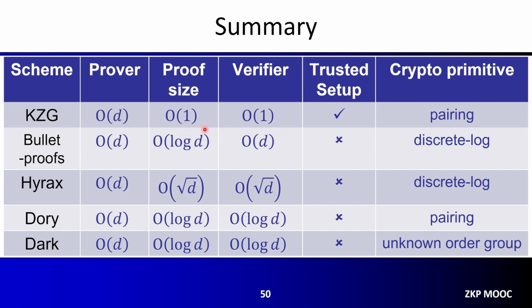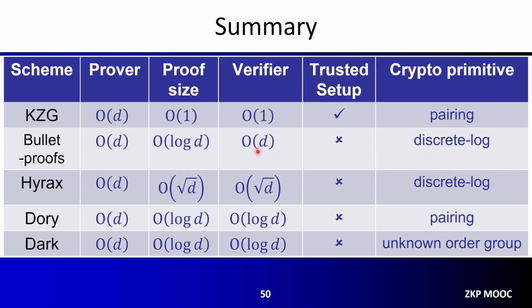Both the proof size and the commitments are only one group element, and the verifier is constant time, a single pairing equation. And in order to remove this trusted setup and achieve a transparent setup, we have a sequence of works based on variants of discrete log problems in different groups. So Bulletproofs removes the trusted setup and achieves logarithmic proof size. And it is purely based on the discrete log assumption.